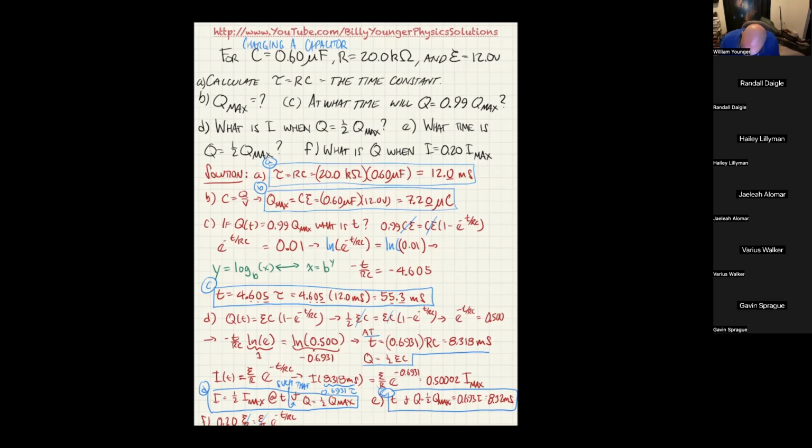The ln of 0.2 gives me negative 1.609, which is equal to negative T over RC. So the time is equal to 1.609 times the time constant, so I'll just say times tau.